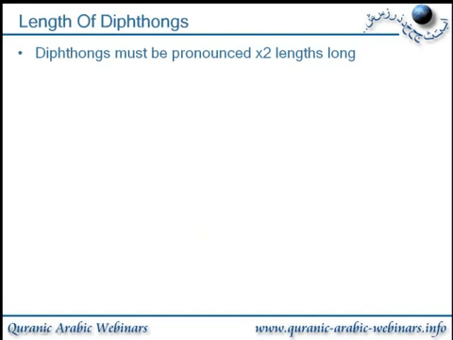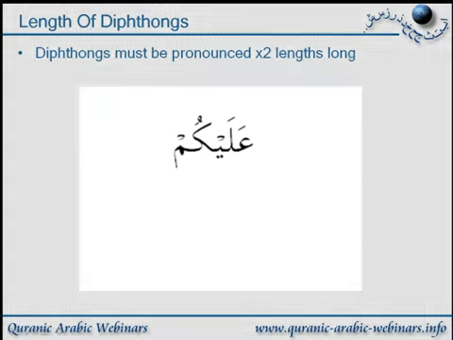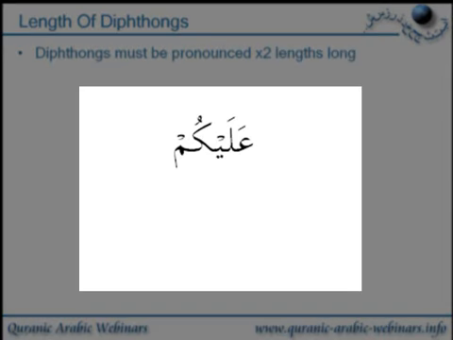Now in terms of the lengths of pronunciation, remember we've covered in previous lessons the importance of getting your lengths correct. The diphthongs are pronounced with ×2 lengths long, i.e. relative to the speed you recite at. So an example of this, here we have the word ʿalaykum. Okay, so we've got to be careful here.